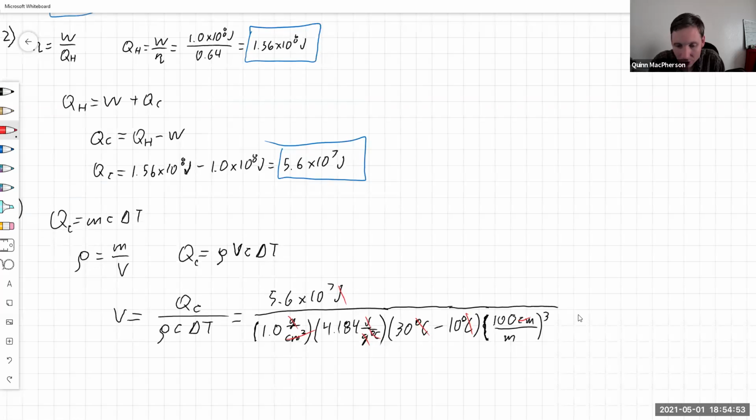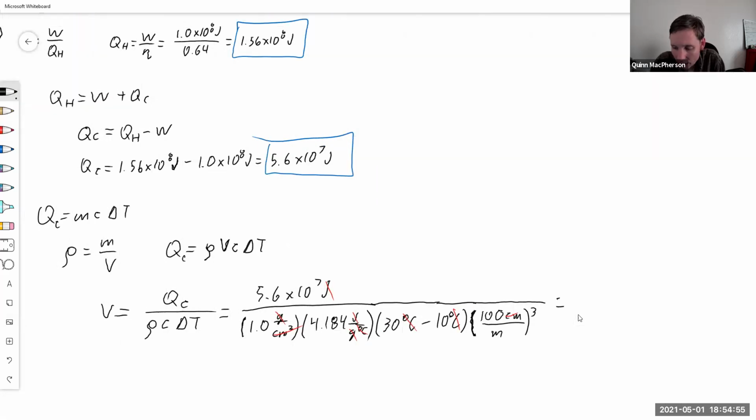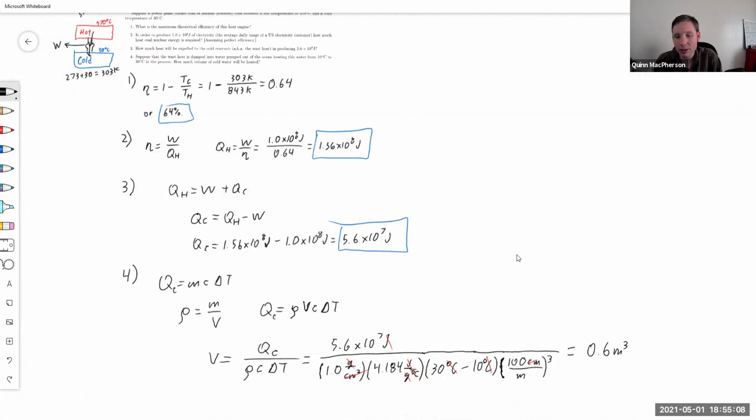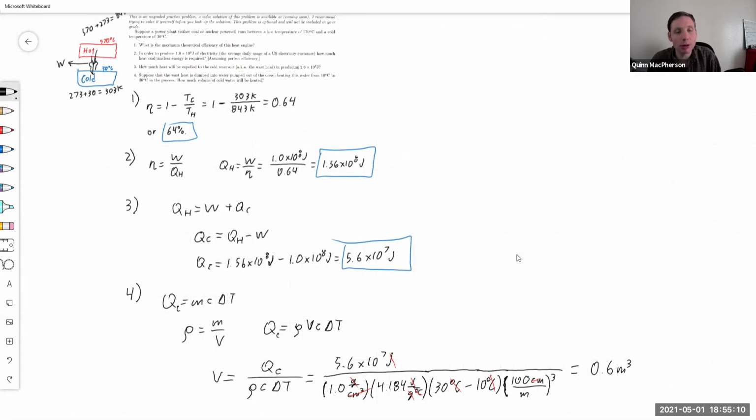If I did this calculation right, that comes out to about 0.6 cubic meters. In other words, to produce the electricity for one customer for one day, you need to heat about 0.6 cubic meters.